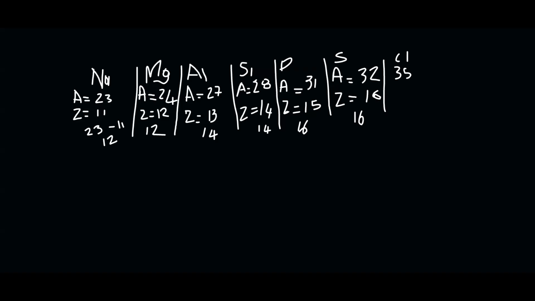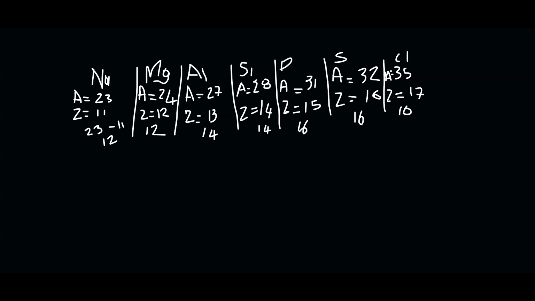So the mass number would be 35, which would be A, and then Z is 17. What would be the neutrons now? 18. Good.